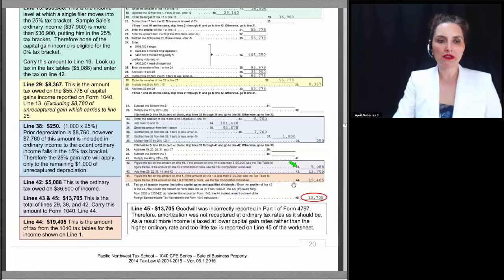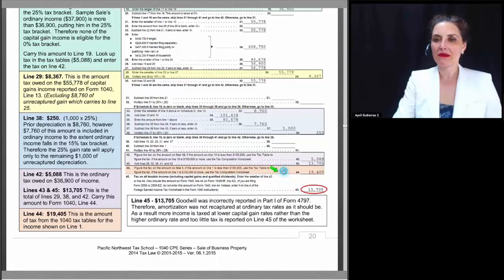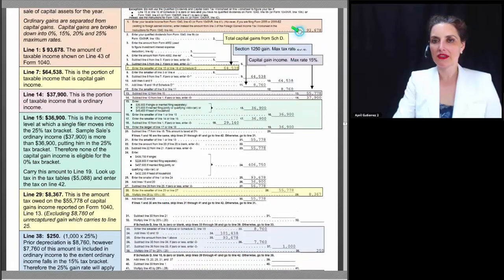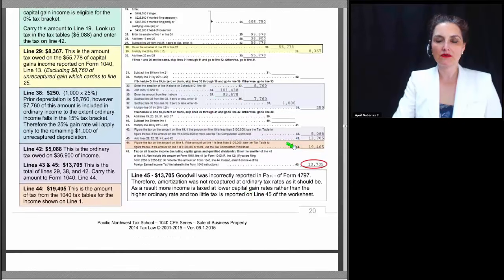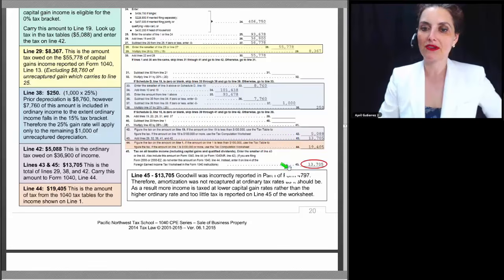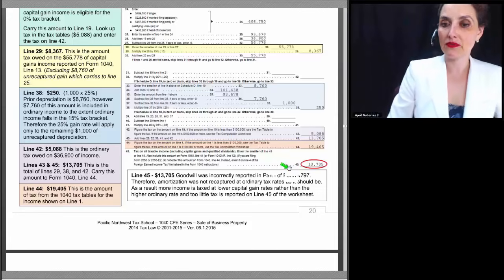You add all of those amounts up, and you get $13,705. And then the next step is to go to the tax tables and look up the tax on all of the income for the year, $93,678. When you do that, you get a much higher number, $19,405. And this filer can claim the lower of the two taxes, the amount on line 43 or the line on 44, and it's a no-brainer. They're going to go for the lower number of $13,705.